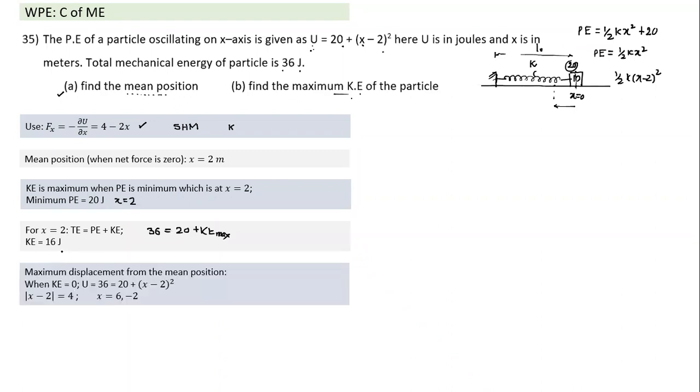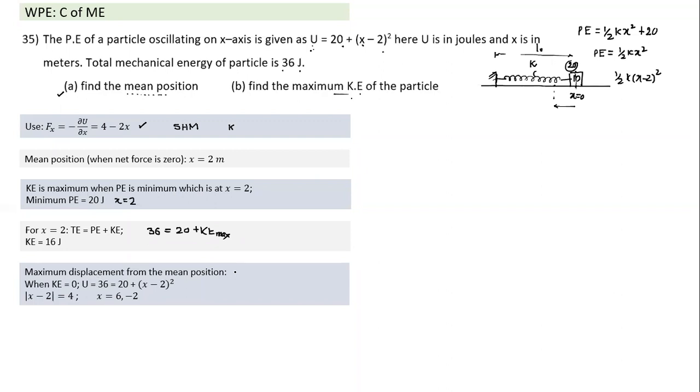Okay. And suppose I extend this question, I also want to find out what is the maximum displacement from the mean position. The maximum displacement indicates what? Whenever the object has maximum displacement in case of SHM, its velocity is 0. Kinetic energy is 0. So in that case, what has to happen?